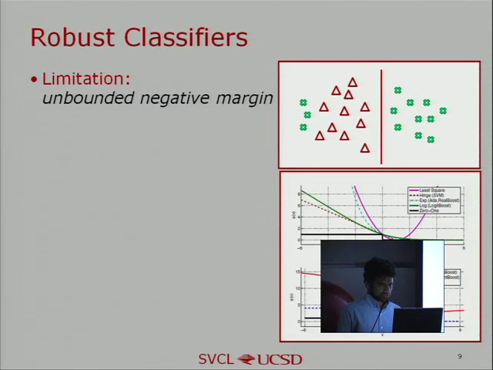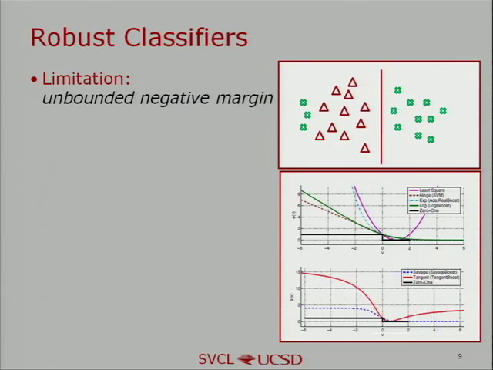So in order to be able to do robust classification, we're going to try to design a robust loss function. One limitation of current loss functions is their unbounded negative margin. So for this simple classification problem we have at the top, we clearly have three outliers. Those are the three green x's to the left, which are obviously outliers.